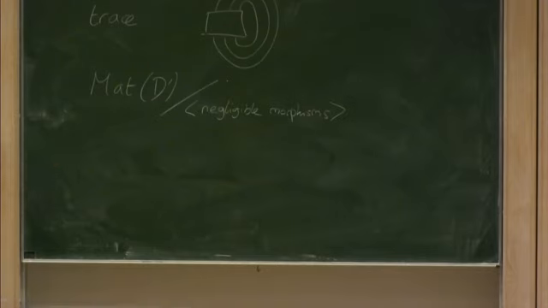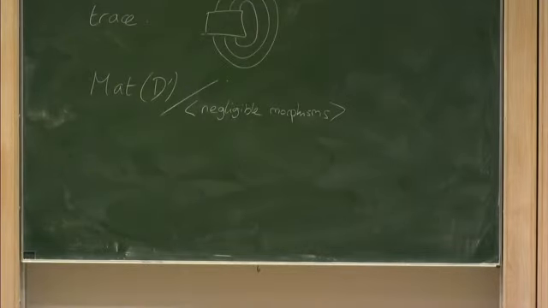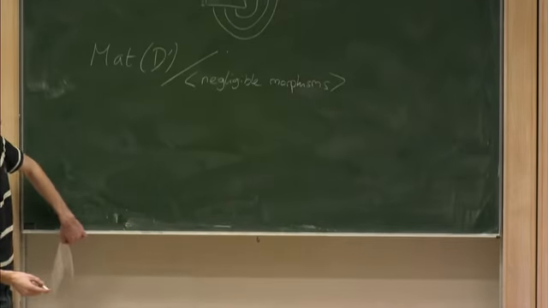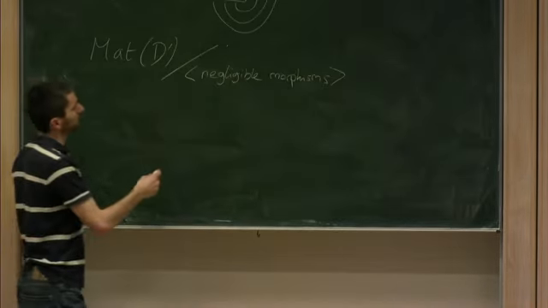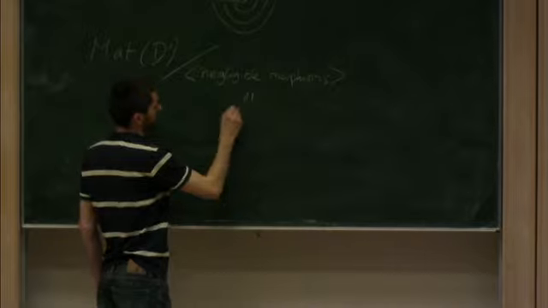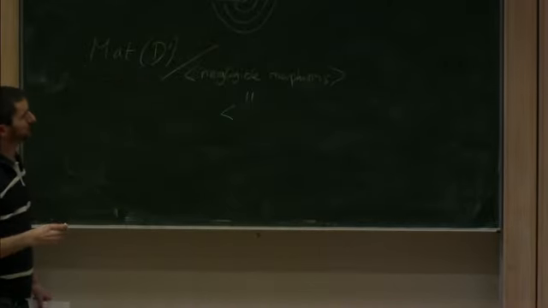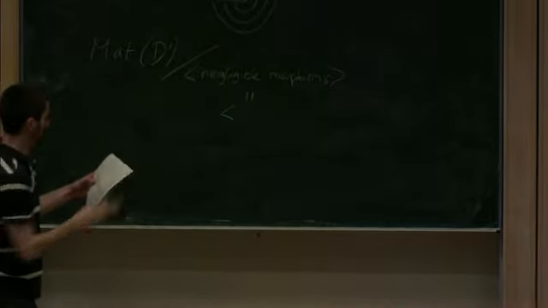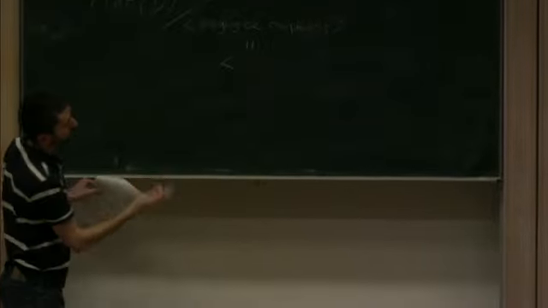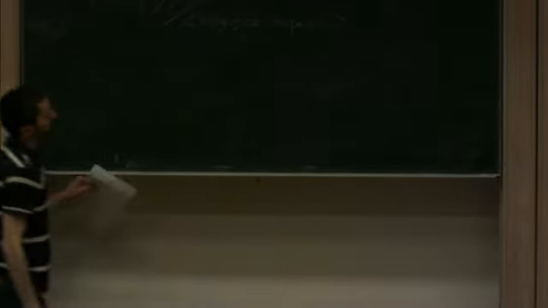So these are the morphisms whose trace is 0. So this category C prime is now semi-simple.